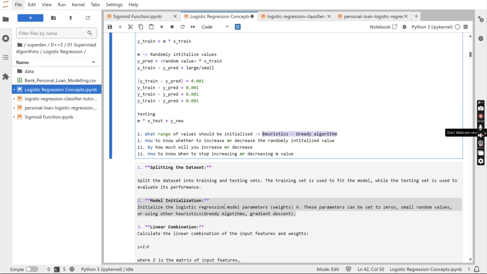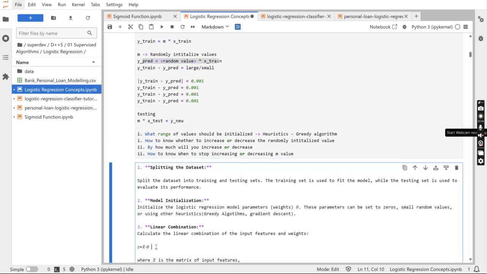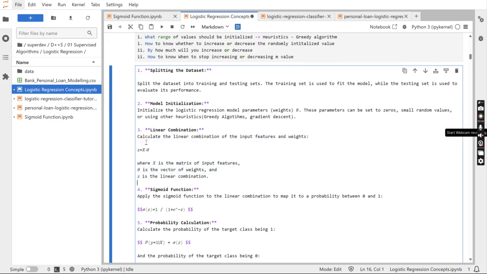So in this equation, how much random value to initialize is taken care of by other algorithms like greedy algorithms. Next is the third step in linear combination for logistic regression. Now we are talking about both linear as well as logistic regression combined, because 90% of the steps for both are the same.